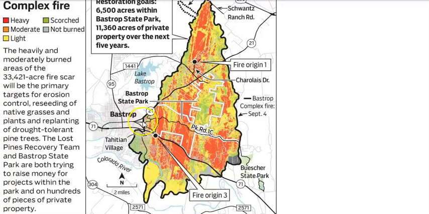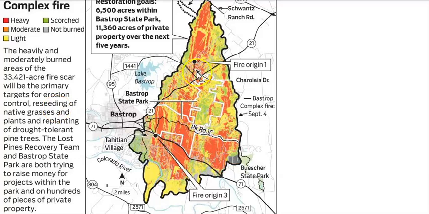Remember, 21 and 71 meet right in here, basically like the Buc-ee's is now right about here, but all of this area was involved in this fire. And you can see, according to the map and the colors, places that were heavily damaged down to light damage. Over 33,000 acres were involved.